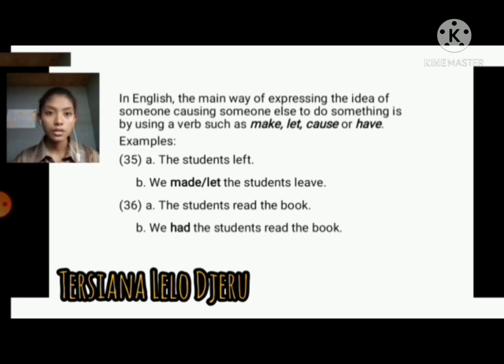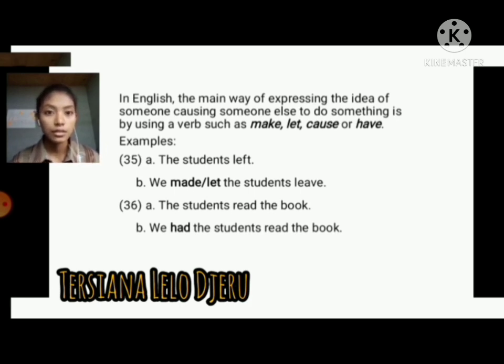As you can see in the slide, in both examples, in sentences 35 and 36, the A sentences are simple clauses without causation.